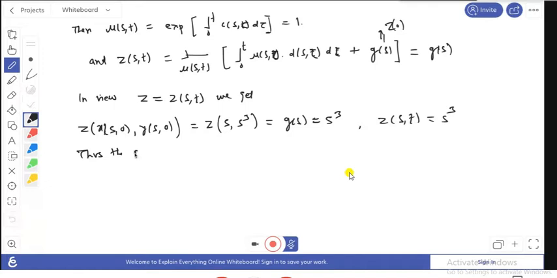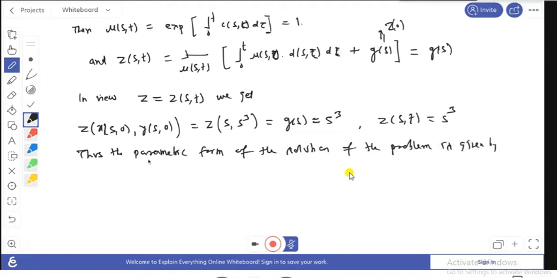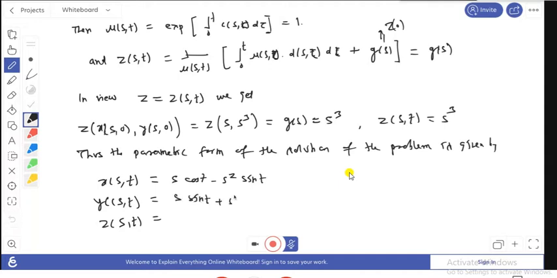Okay, we are just writing one line, just the parametric form of the solution of the problem is given by your x(t), this is y(t), and this is z(t). Okay, and this is s cos t minus s square sin t, this is s sin t plus s square cos t, and this is x cube.